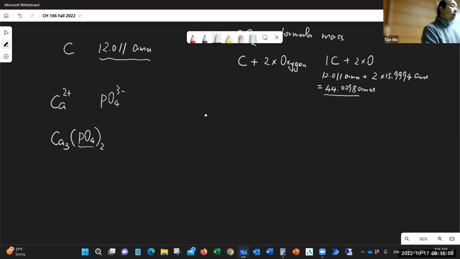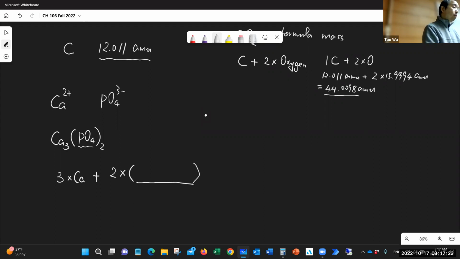Are you clear? So what do we do when you calculate the mass? We have 3 of the calcium, plus 2 times the phosphate. So the mass of what is inside the phosphate: you don't have to count how many phosphorus and how many oxygen.